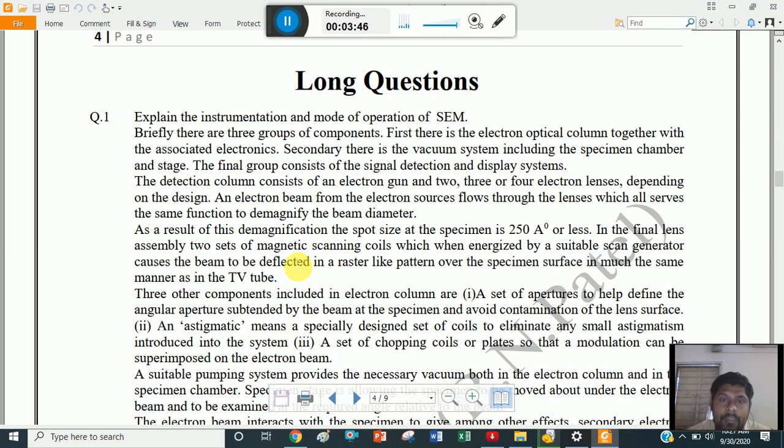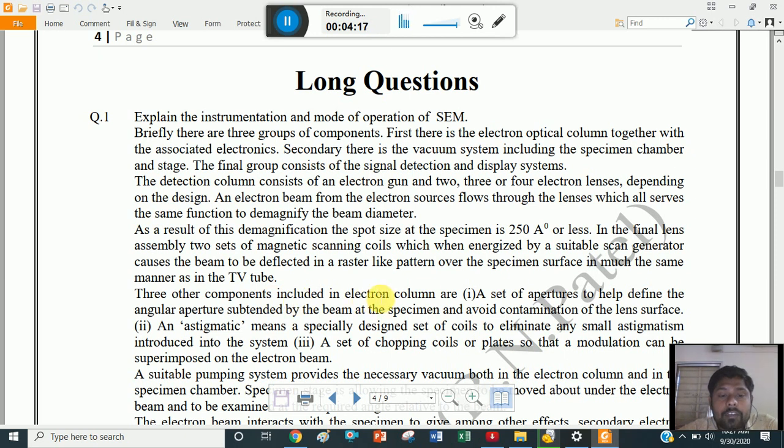When one line is completed, the tip moves back to its original position, then moves horizontally a specific distance, and the scanning continues until the whole surface of the sample is analyzed. That pattern is known as a raster pattern.